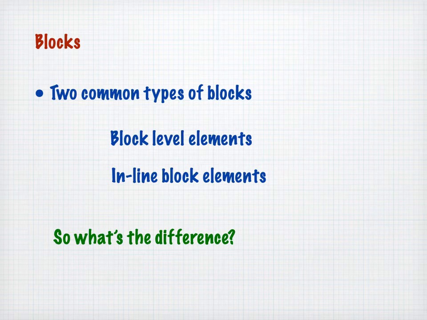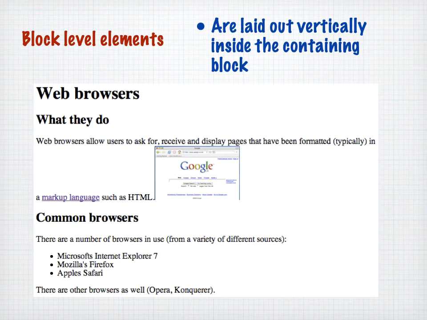So what is the difference between these two types? Let's have a look at block level elements. Block level elements are laid out vertically inside the containing block. So just think about that for a moment. That means that block level elements are laid down the page inside the containing block.